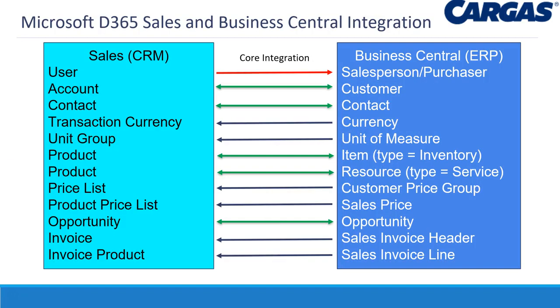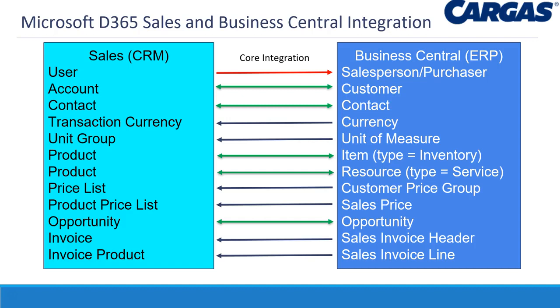The out-of-the-box integration is fairly simple. One-way integration from the CRM sales users to the salesperson and purchaser in the ERP. There's a two-way integration of customers and contacts, as well as items and resources if we're talking about service type of opportunity here.